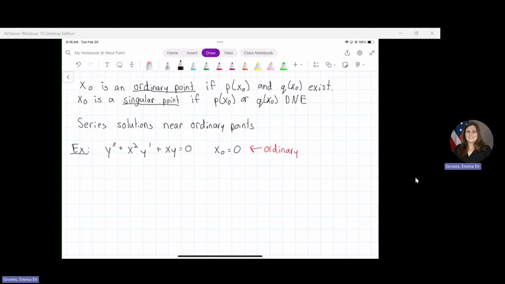So at the beginning of the semester, we did a little bit of like, let's just assume our solution looks kind of like this and figure it out from there, right? We're going to do the same thing here. So we are going to assume we have a solution of y equals the sum from n equals 0 to infinity of a sub n x to the n.